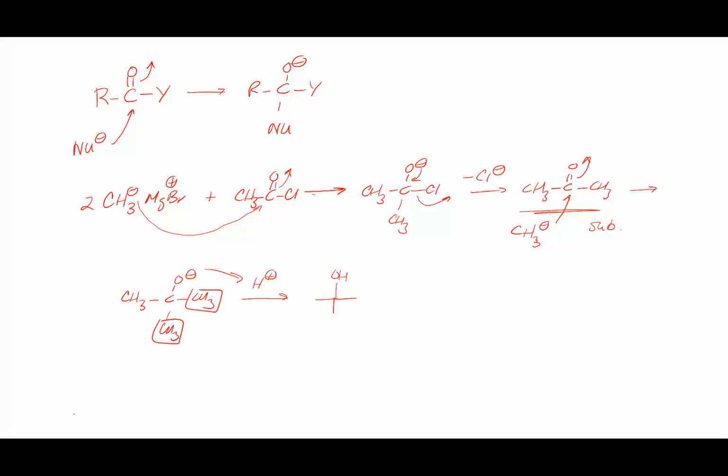Because if the Y group can leave, I can get substitution. If the Y group can't leave, then I'm going to get addition. And so this reaction that we talked about as kind of being an odd or an exception to the Grignard reactions, we're going to do a lot of that with the carboxylic acids and their derivatives.